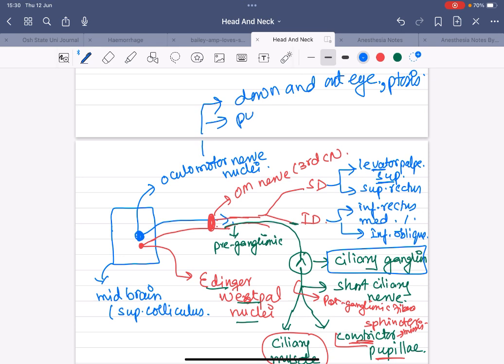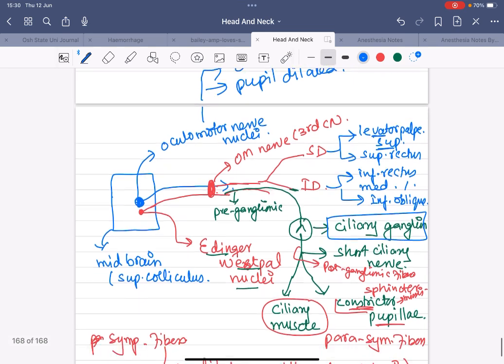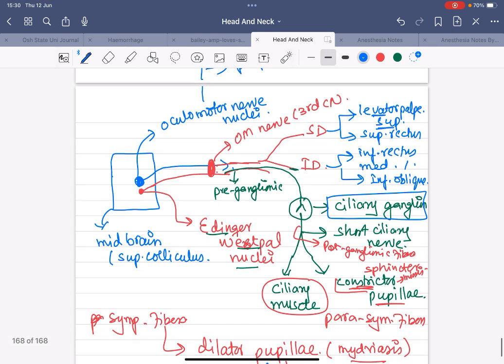The pupil will become dilated. Why? Because the sphincter pupillae is not going to work, so the dilator pupillae becomes more active.